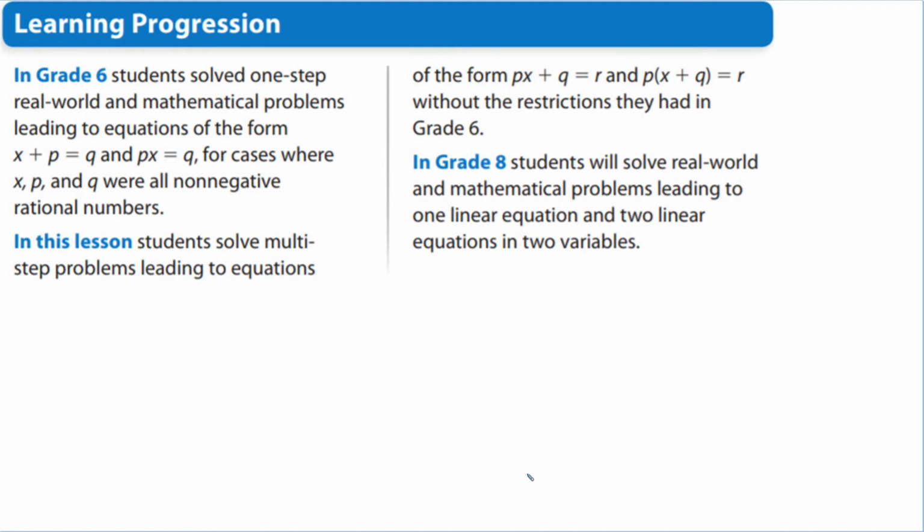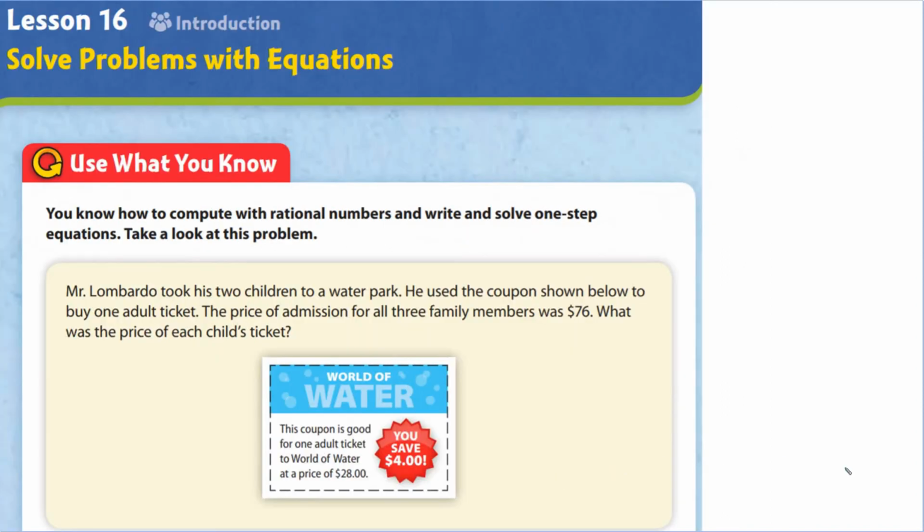In this lesson, students solve multi-step problems leading to equations of the form p times x plus q equals r and x plus q times p equals r, without the restrictions they had in grade 6. In grade 8, students will solve real-world and mathematical problems leading to one linear equation and two linear equations in two variables. Let's use what we know.